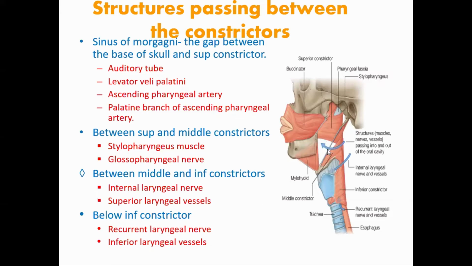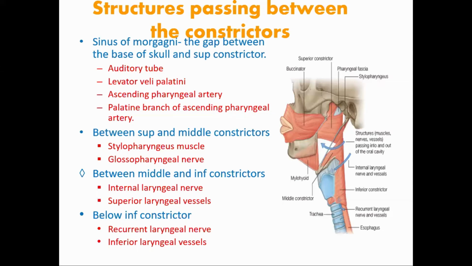Between the middle and the inferior constrictor muscles, it transmits the internal laryngeal nerve and the superior laryngeal vessels. Between the inferior constrictor muscle and the upper border of the esophagus, it transmits the recurrent laryngeal nerve and inferior laryngeal vessels.